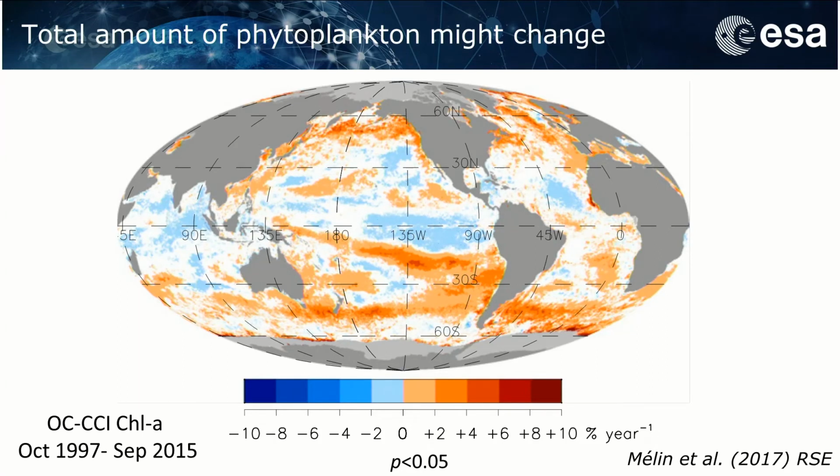And you can see by looking at this that there are various parts of the ocean that seem over this period to have reduced their chlorophyll: Indian Ocean, some of the equatorial Pacific, parts of the Atlantic. But there are also large parts of our oceans where the chlorophyll concentrations have been increasing over this period.